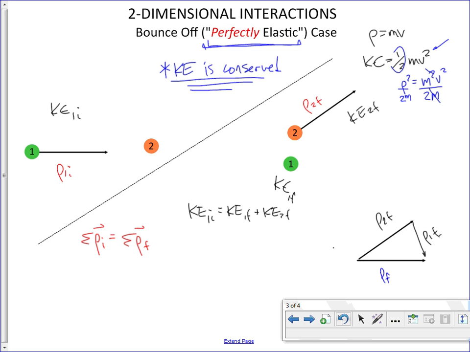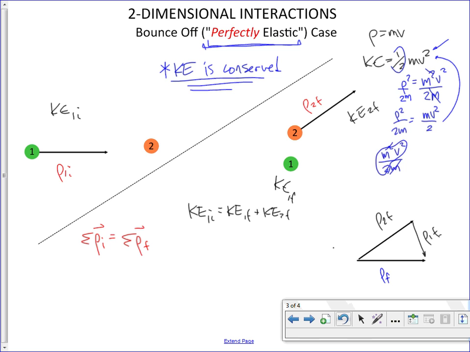Now look, on the right side we have mv squared over 2. That's kinetic energy. So apparently kinetic energy is the same as momentum squared over 2m. You follow that? P squared over 2m, I'll do it again. P squared is m squared v squared over 2m. Well, that's the same as 1/2 mv squared, right?